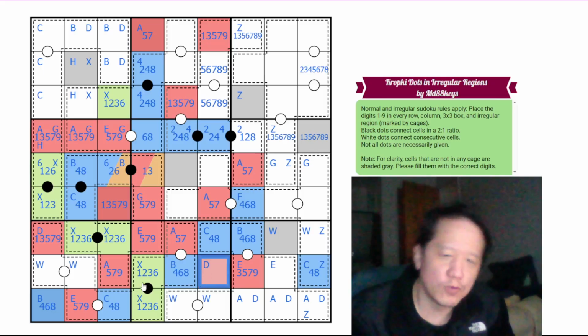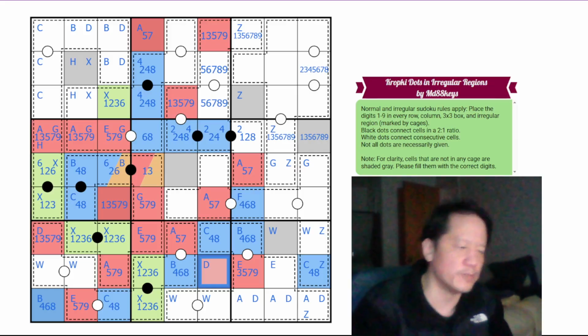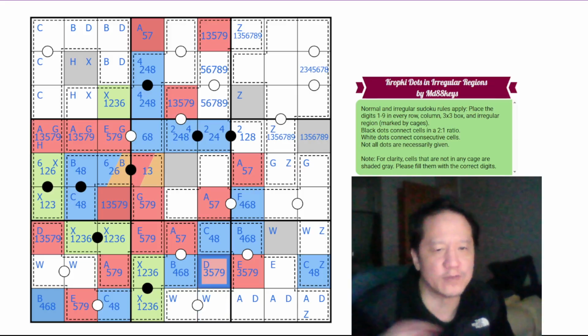If we try to have a 1 here, this would force this to be 3, 6 as a pair. Where would 2 be? It would have to be with a W, and then 2 would have to be consecutive with 1 or 3, but 1's accounted for by the D, and 3 is accounted for by this 1, 2 pair. So D can never be 1. It's 3, 5, 7, 9.